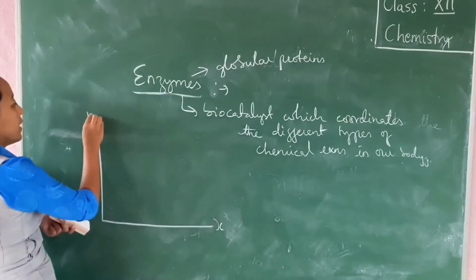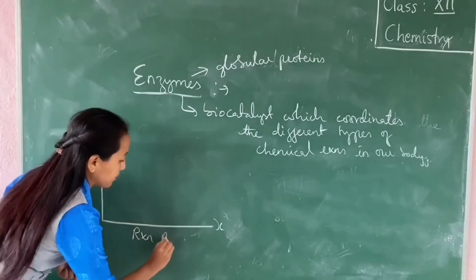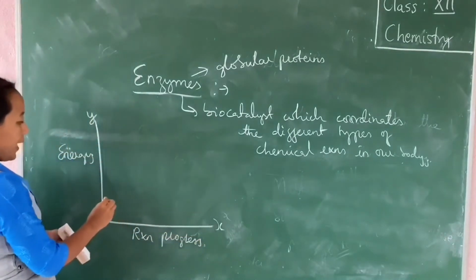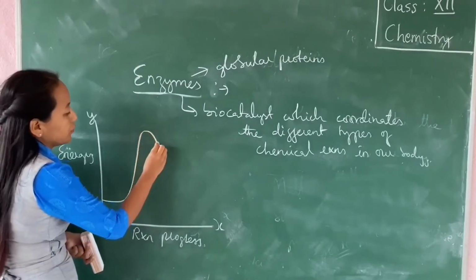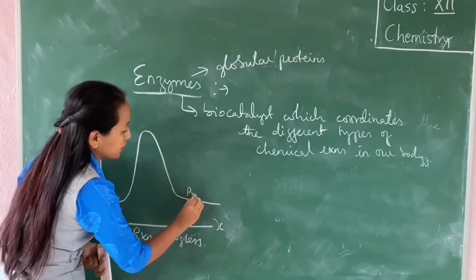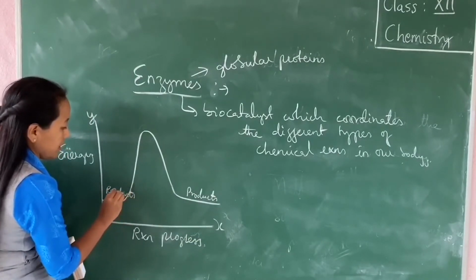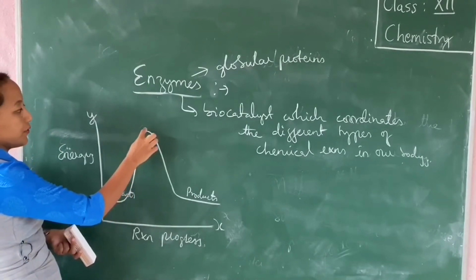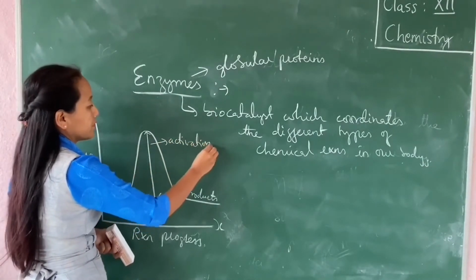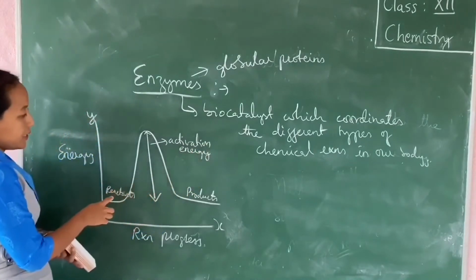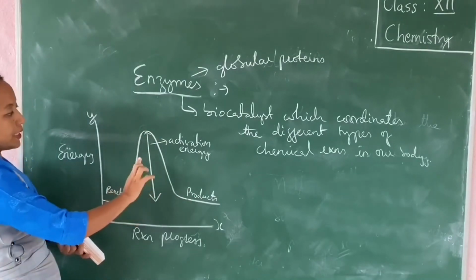Let's say this is the x-axis and this is the y-axis. Here is the energy required, and here the reaction progress. In the absence of enzyme, the reactants require, let's say, this much activation energy to get converted to products. This is my reactants, and only when the reactants cross this energy barrier, they get converted to products.